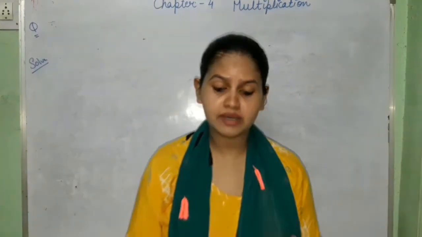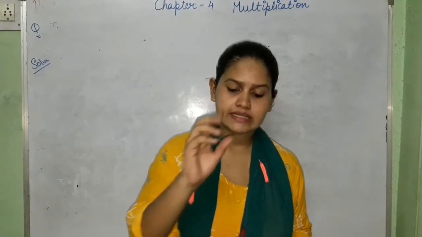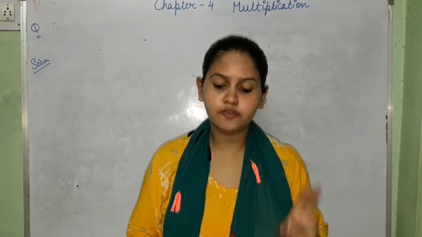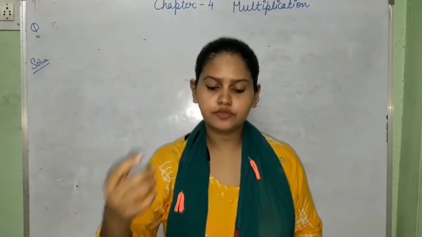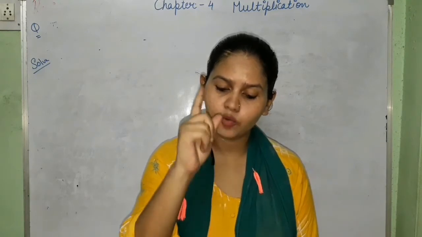Like there are 7 months with 31 days. So the first statement is 7 months with 31 days. Then the second statement is 4 months with 30 days and 1 month for 28 days. Then what they are saying: find the total number of days and add 1 to it, find the number of days in a leap year.